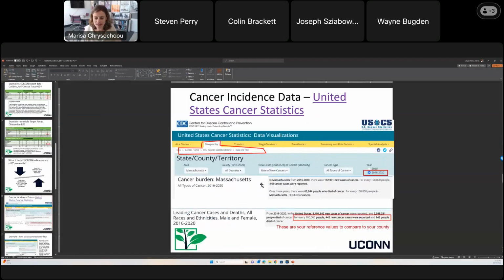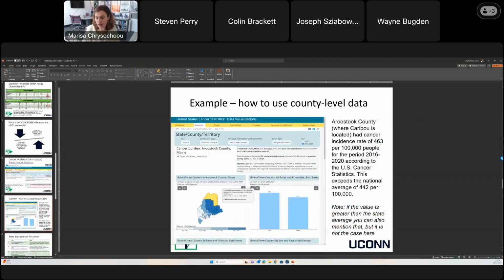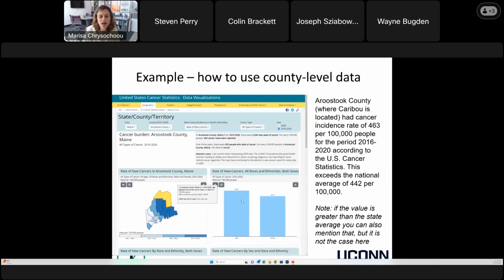As an example here for Massachusetts, the cancer rate was 448 in the whole of Massachusetts, so it was higher than the national average. Or looking here at Aroostook County, it had 463 cases per 100,000 people, which is higher than the national average of 442 per 100,000.